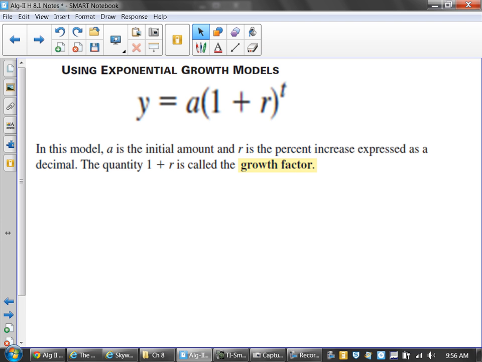So what we have here are what are called growth models. The value of A is always your initial amount. That's how much you start with, whether it's money, shoes, snowflakes. R is your rate. Well, it's a percent, but used always as a decimal.